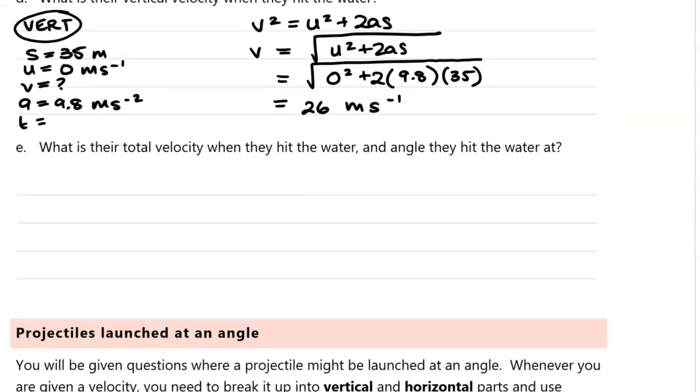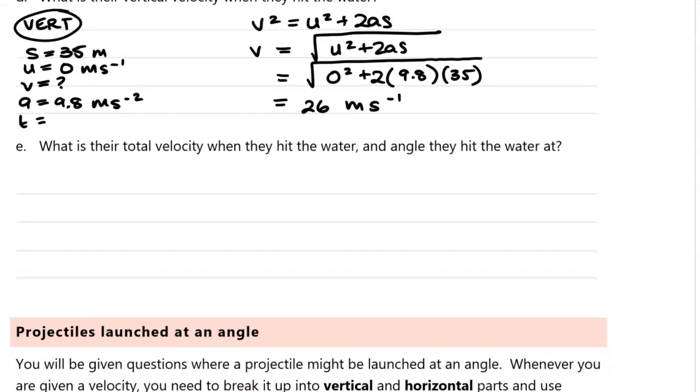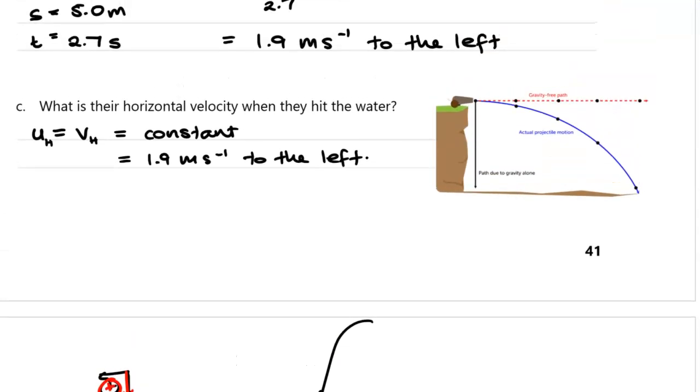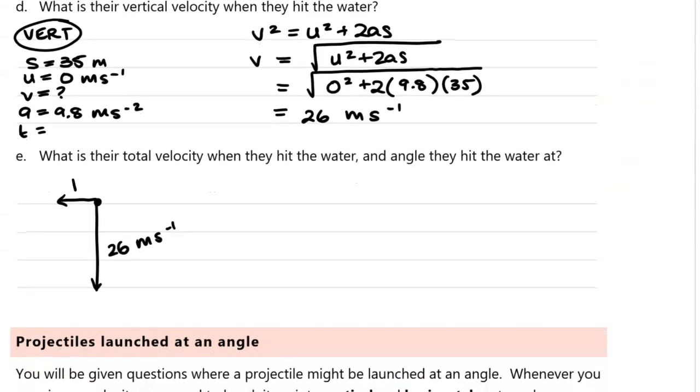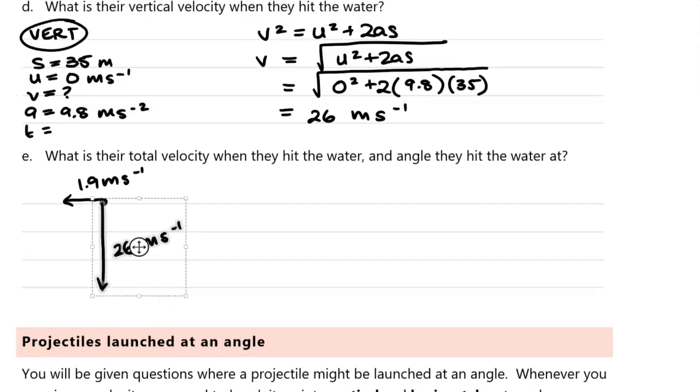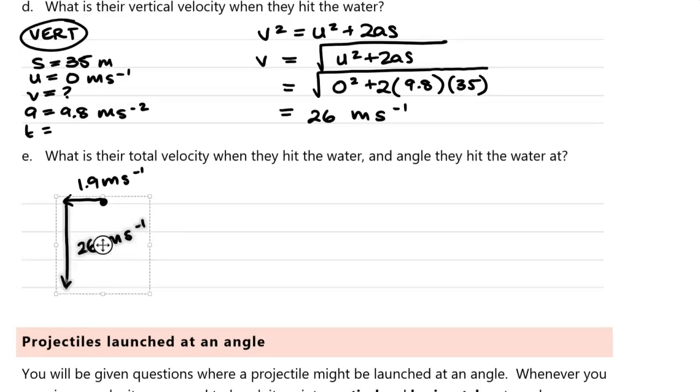Now part E is asking what is their total velocity when they hit the water and the angle they hit the water at. When they hit the water, they have two velocities going on there. They had what we just found, let's just use the rounded amount, 26 meters per second. And they also had that constant velocity that we found in the previous question, 1.9 meters per second. What we can do is create a triangle with these. So to do that, we'll move this one over here.